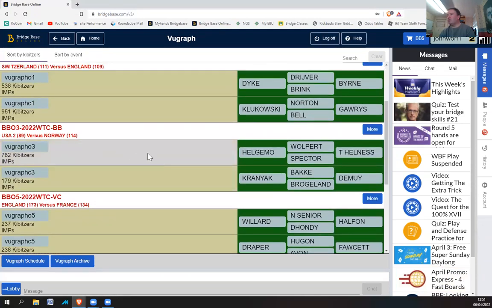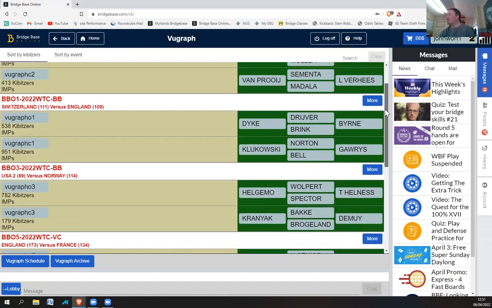USA versus Norway, Norway doing well there. But England and Switzerland are in a really tight game. There are 96 boards to be played in total, 6 rounds of 16, and I think we're up to about round 5.